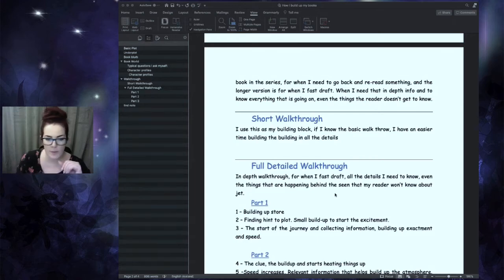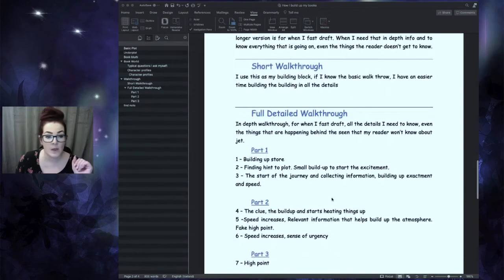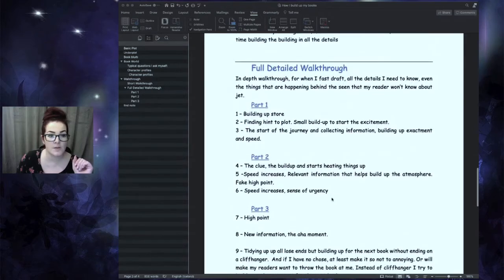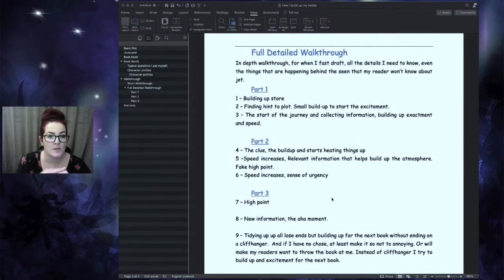I cut my book into three parts, and each part I cut into three parts. This is basically my game plan to keep people excited. I start with introductions, building up the story, introducing the character, the scenario, and the beginning.